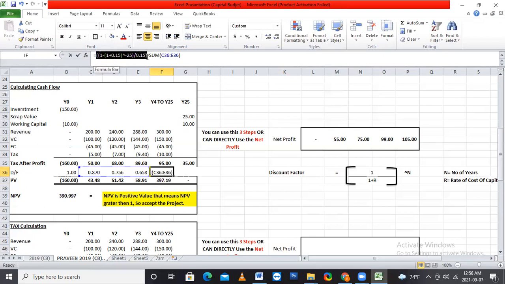I use the formula here: cumulative of 25 years, year number 1 to year number 25, and I'll minus year number 1 to year number 3. Then automatically we calculate the annuity for year number 4 to year number 25. Here we get the annuity factor.